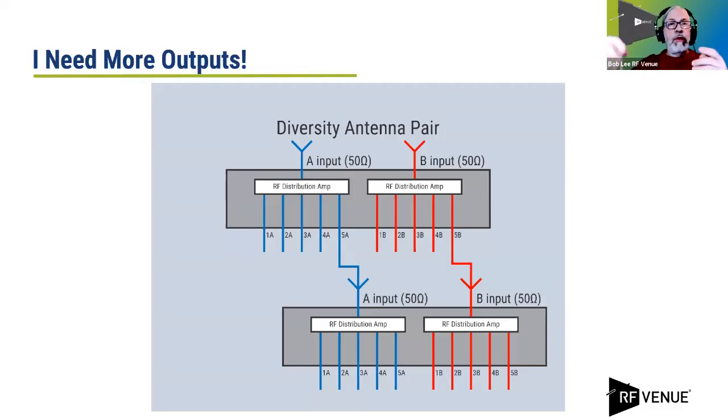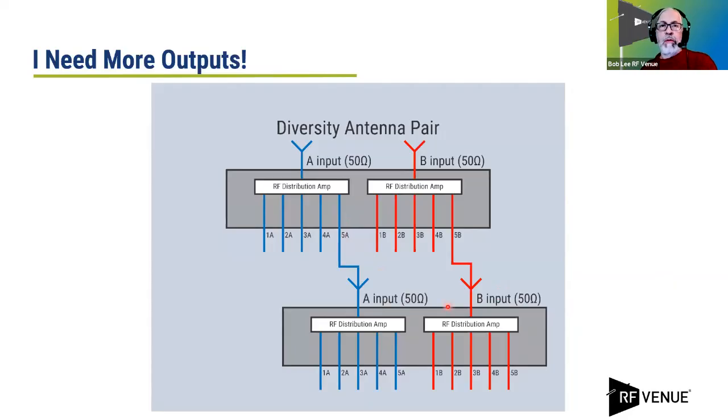So with cascading, you are taking outputs of the primary distro, and that's what we're calling the first one. Primary doesn't mean it's better than the others. It's just the first one that the RF from the antennas hits. This is the primary distro here, and so we'll call this one a secondary distro because it's taking its RF feeds from that first distro.